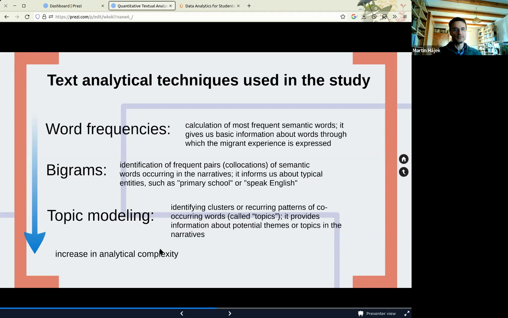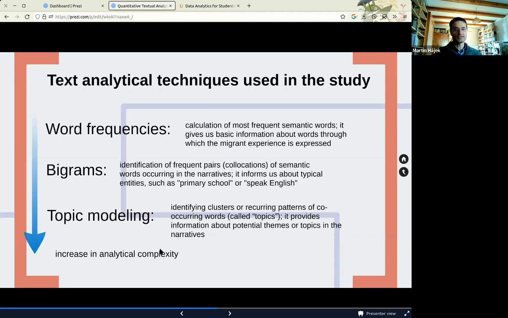So if there is the word home, we can imagine that it could be in the context of migrant stories, referring to a country or to a place. While if we have the word because, it has no information for us regarding the stories, because we don't know in which phrase it was, what was because of what.